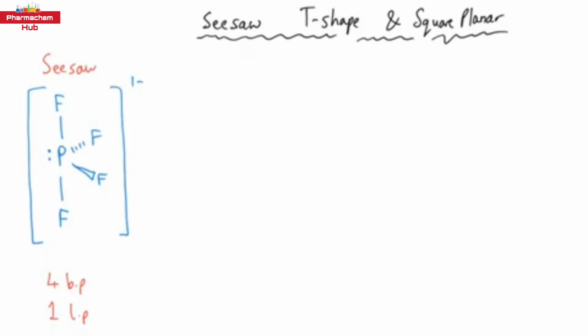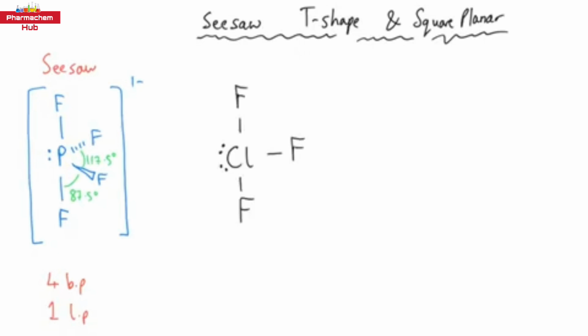Now, it's called a seesaw shape because if you tilt your head on its side or you rotate your page, the ones that I've drawn as wedges and dashes become kind of like the pivot of a seesaw. So that's why it's called a seesaw shape. And so this reduces the bond angle between the axial and equatorial to something like 87.5, and we get a shape that looks more like a seesaw. But like I say, the good news is they're not likely to be too fussy about which one you take away, but the equatorial is probably more likely.